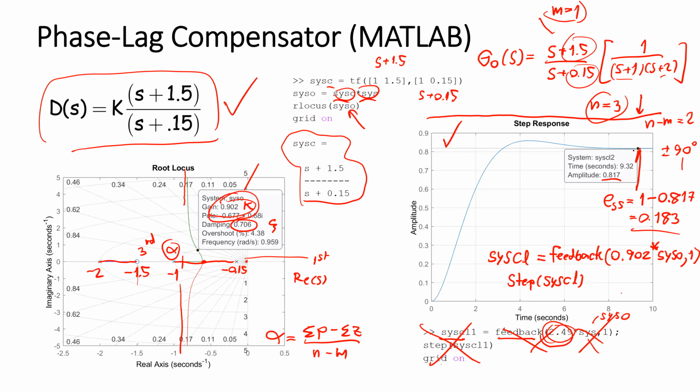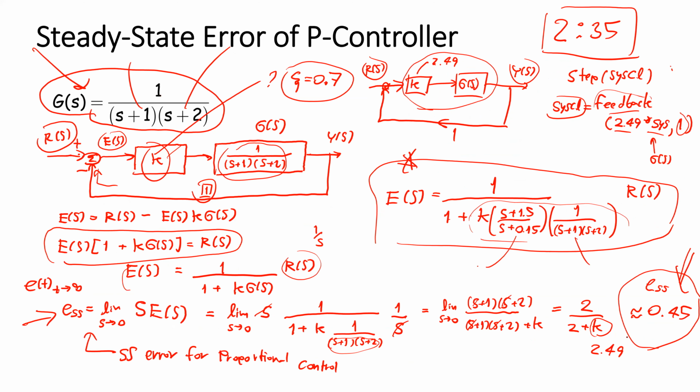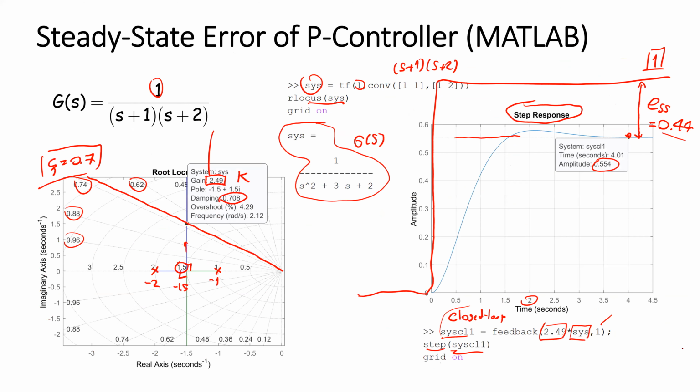Okay, we already know that maybe with the lag compensator, we can reduce the steady state error from 0.45. 0.45 accuracy is extremely bad. I mean, the reference value is 1, but the response is 0.55.